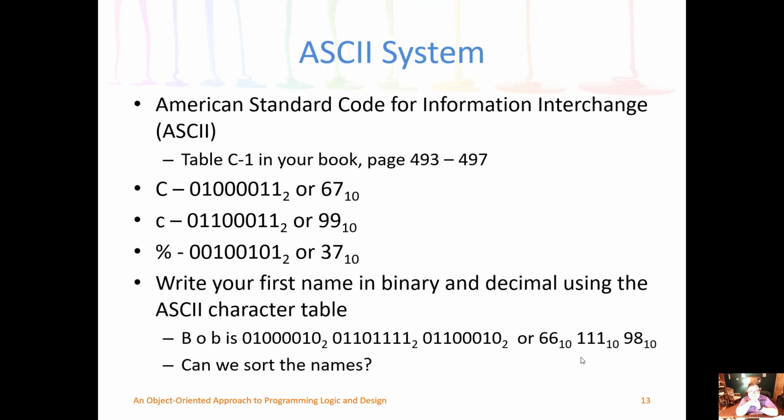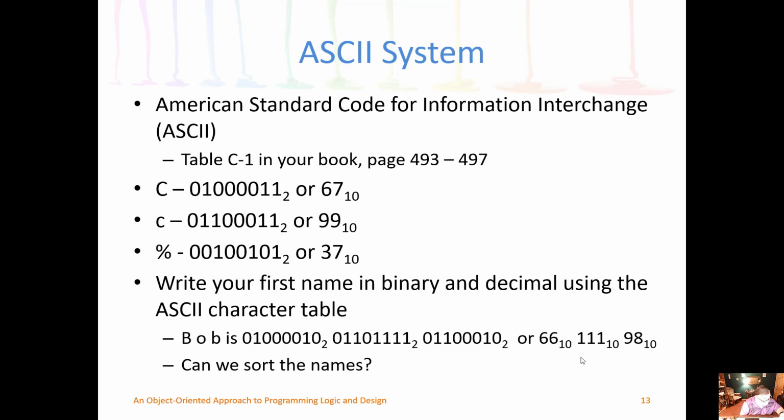Well, if you look in Appendix C, starting on page 493, there's something called the American Standard Code for Information Interchange, or ASCII. It has a binary and also decimal representation for each character on your keyboard. So if you look in the book, capital C is on page 495.